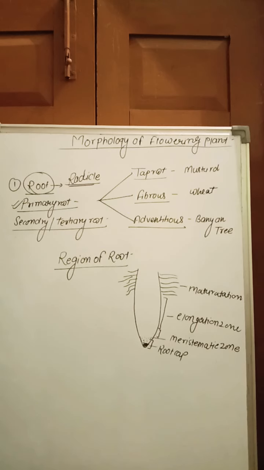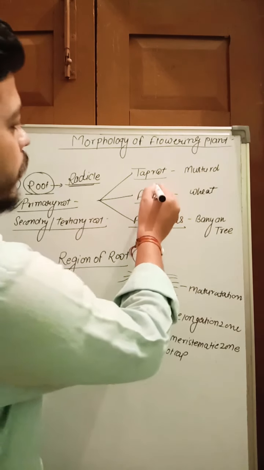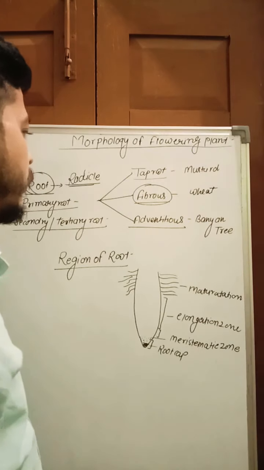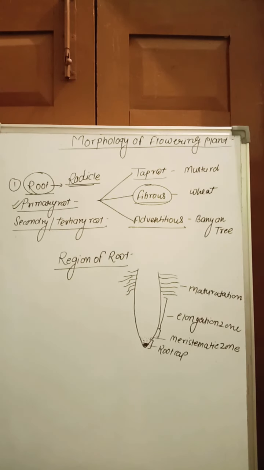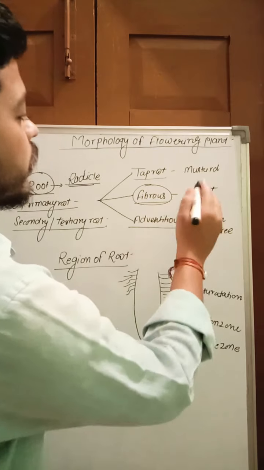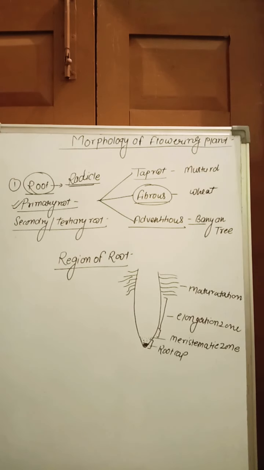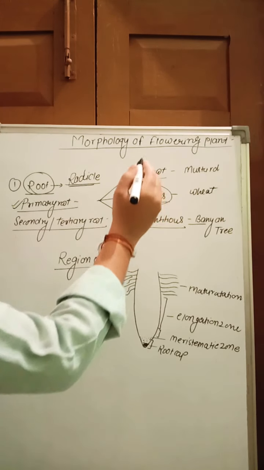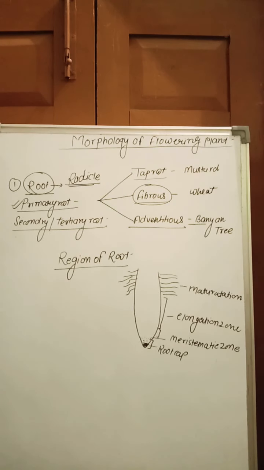Fibrous roots are thin, delicate structures. When the primary root is replaced by many branches, that is called the fibrous root, present in wheat. When roots develop from other parts of the plant, like hanging structures, they are called adventitious roots, present in the banyan tree. So that is the taproot system, fibrous root system, and adventitious root system.